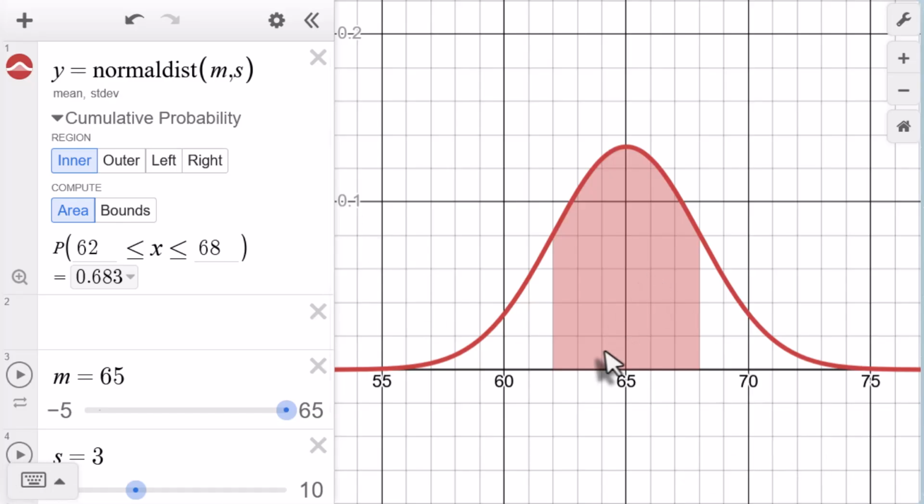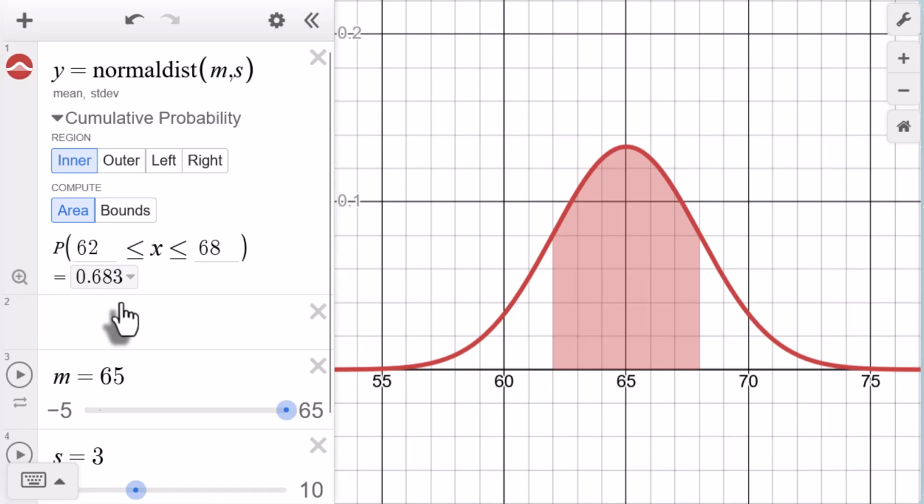This is actually one standard deviation below and one standard deviation above the mean in this case, because 65 minus 3 would be 62, and 65 plus 3 would be 68. So based on the empirical rule, I'm expecting about 68% of data values to fall in here, and the Desmos calculator has given me 0.683.